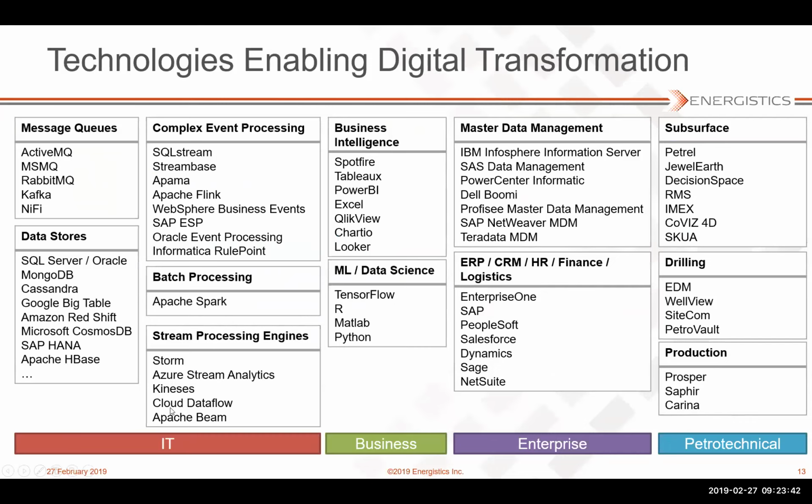And these are all IT cloud technologies that people are playing around with. And then there are folks in-house that are tasked with driving digital transformation, who are typically playing with business intelligence tools or machine learning and data science tools, trying to create these higher value applications and tying into all these IT applications.